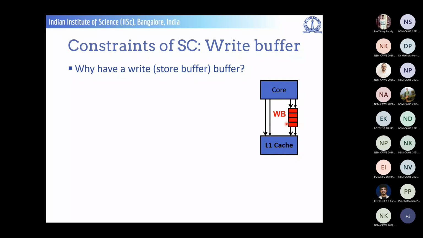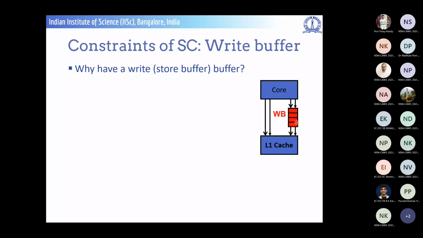At that point, the cache may not have the cache coherence permission to do the write to the cache subsystem. So it's not really completed from the perspective of the other processors or global memory, but it has completed from the perspective of the core that is issuing it. So what is the advantage then? Maybe there is a store to A, then after that a load to B. That load to B doesn't have to wait for the store to A to complete.